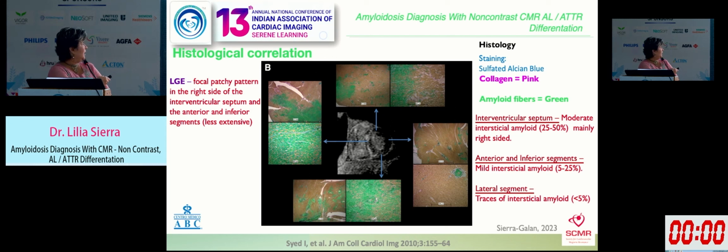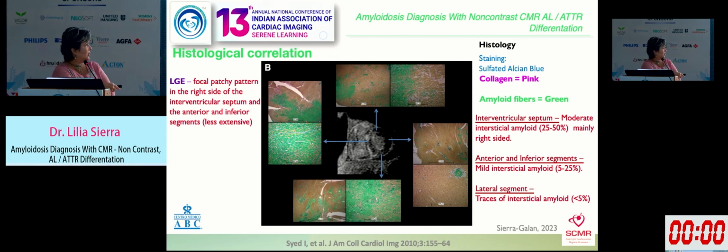We can see that we have focal patterns in the right side of the interventricular septum, and in the anterior wall and the inferior wall, less extensive than in the interventricular septum and the right wall. And what happens with the histology?